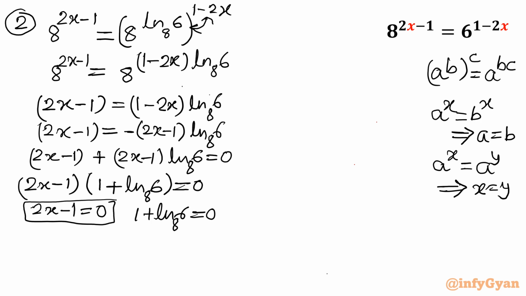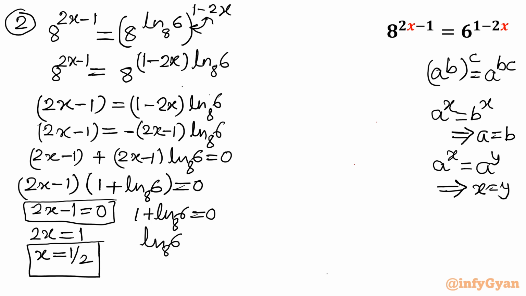So let us put the first bracket equal to 0. So 2x equal to 1. Divide both sides by 2. x equal to half. Same result. Now come to the second bracket. ln 6 base 8 equal to negative 1.